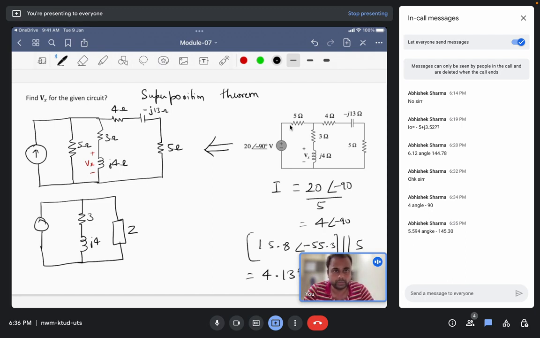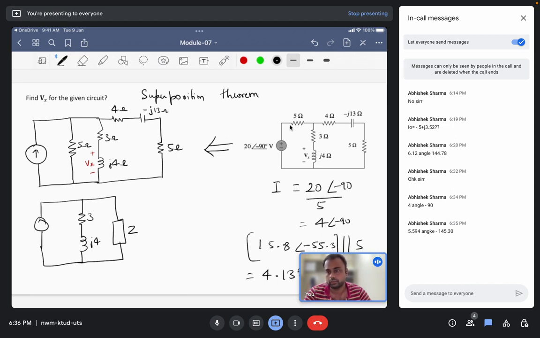So again, Abhishek, please check your answer. I will also recheck my answer. So the three components are 4 ohm and 5 ohm, that is 9 ohm minus 13i. So this is 15.811 and angle is minus 55.30. Okay, and this is in parallel with the 5 ohm resistor.